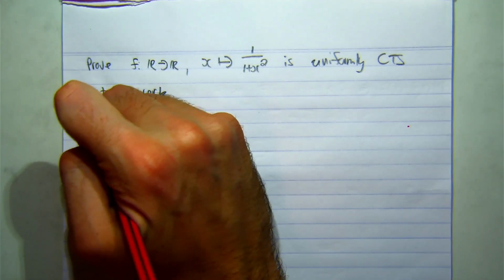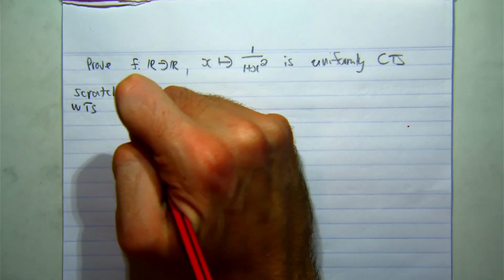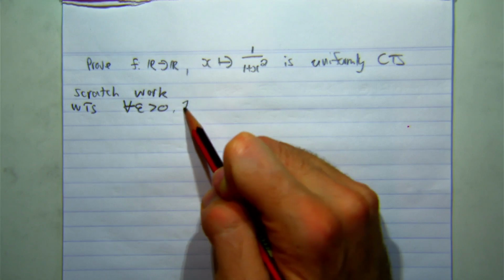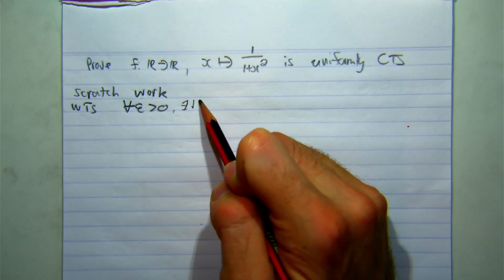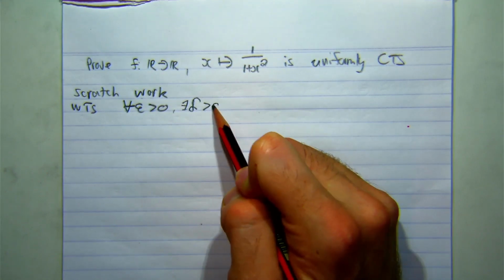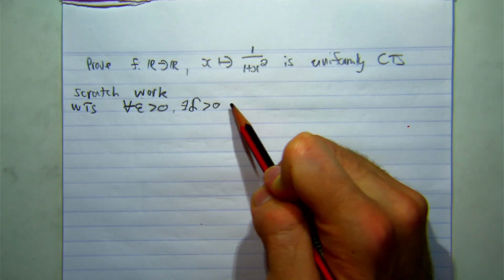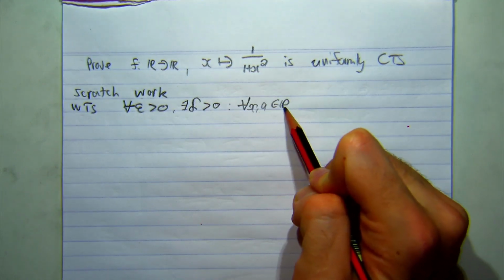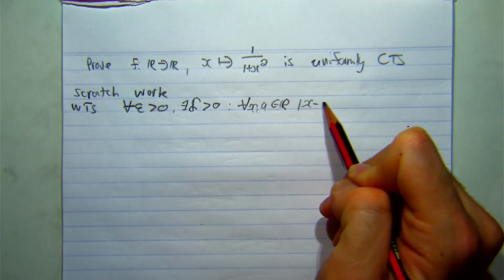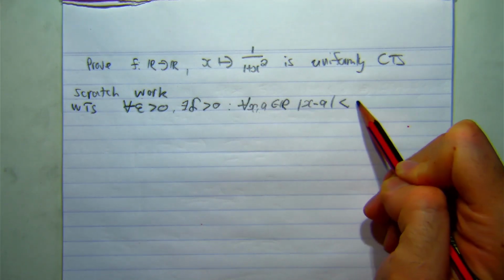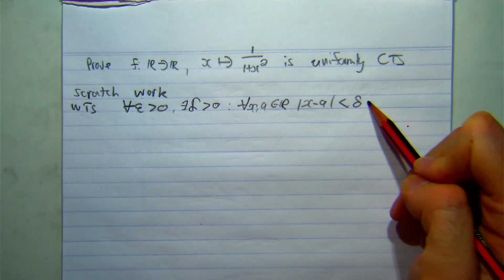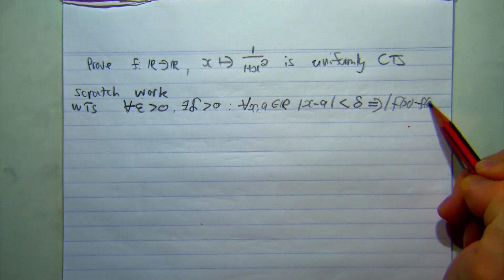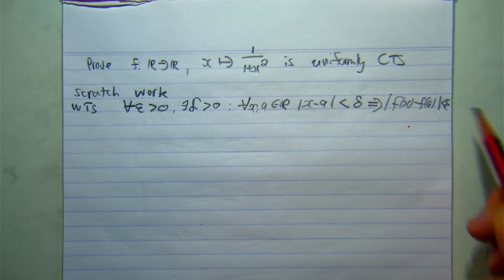So our scratch work is that we want to show for all epsilon greater than 0, there exists a delta greater than 0, such that for every x and a in the domain where absolute value of x minus a is less than delta, we have absolute value of f of x minus f of a is less than epsilon.